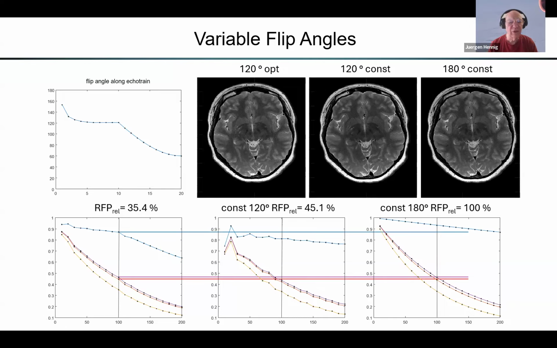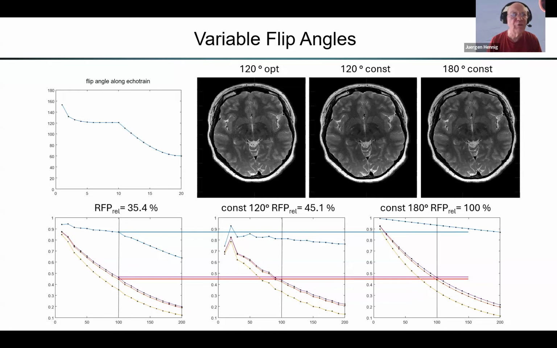You lose something with CSF, which is actually an advantage because you don't want the appearance of the image to be too much dominated by CSF. And that's quite considerably better than if you use a constant 120 degrees, which is used quite often, which leads to signal modulations and also lets you lose some signal.